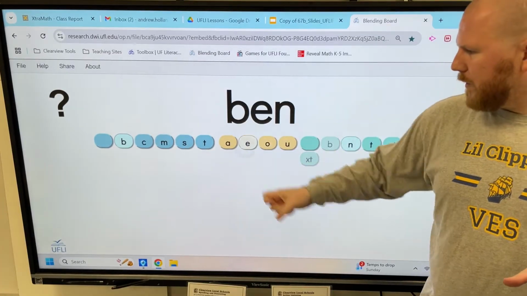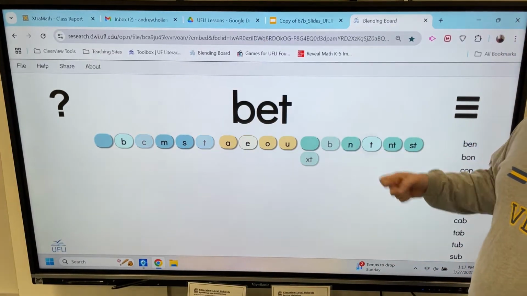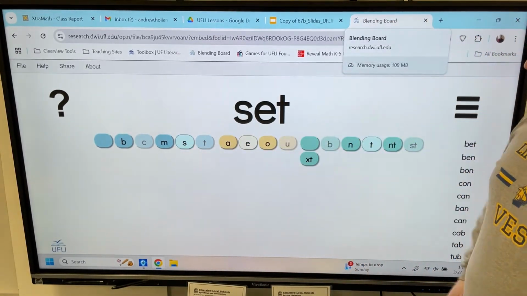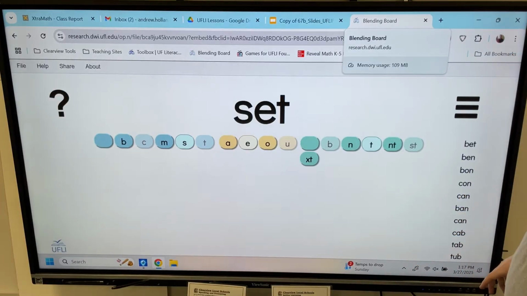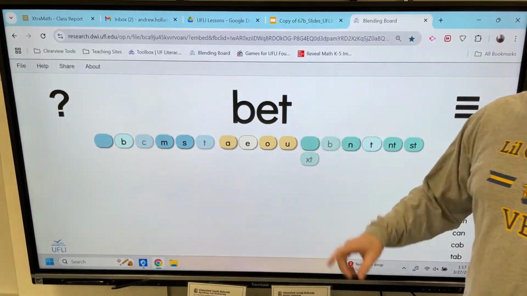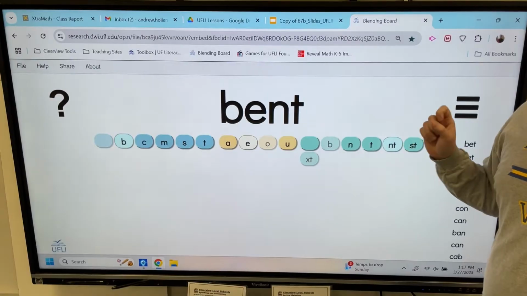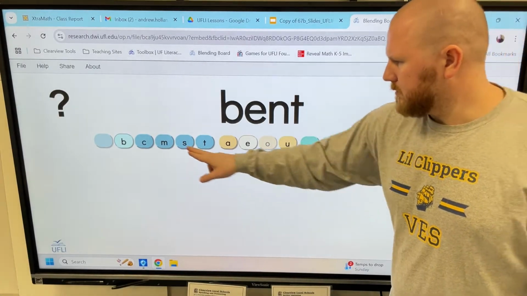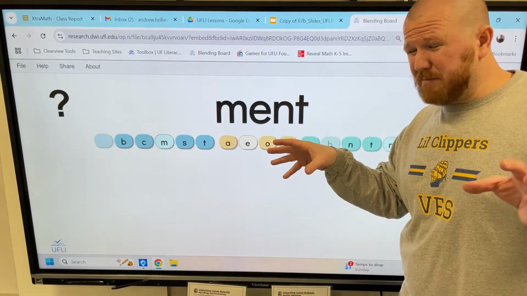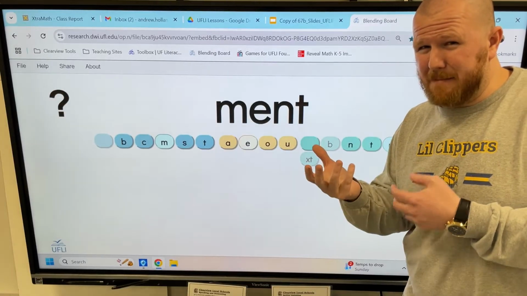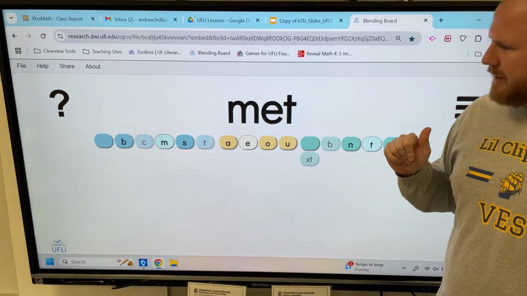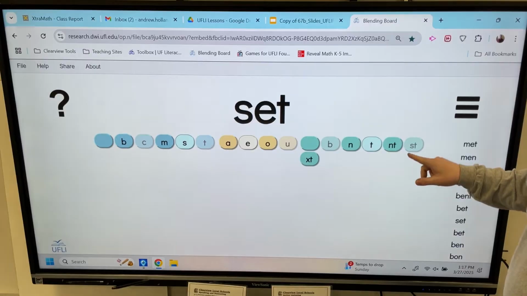What about this? Also a nonsense word, but actually this is a syllable that can go after words like cement. But anyway, meant, and then we change it to met.